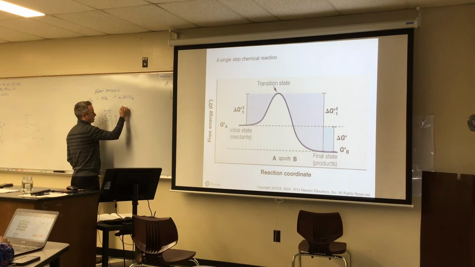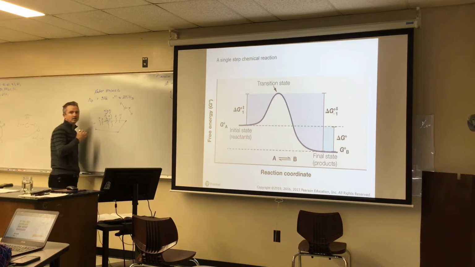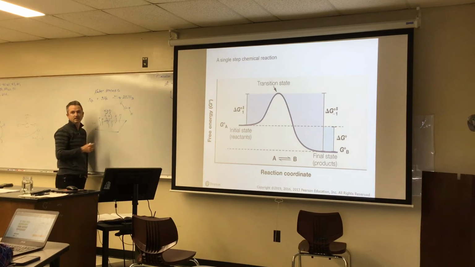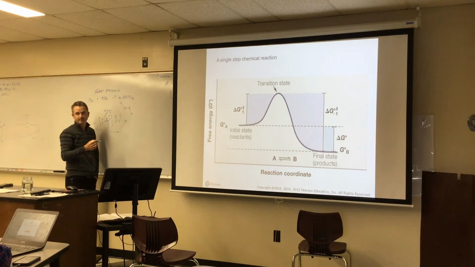So the first go around, you've got this guy, right? And then it's going to do it again, and again, and again, until eventually it cleaves the nitrogen-nitrogen bond and gives you 2 molecules of ammonia, okay?